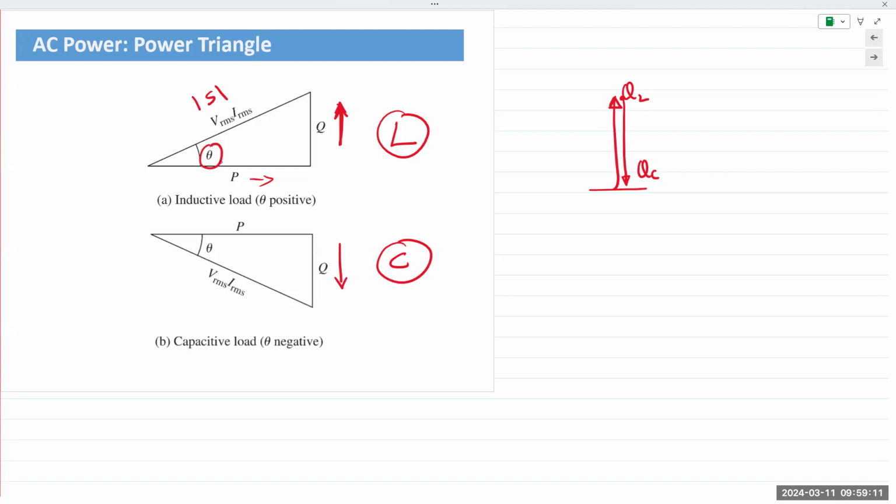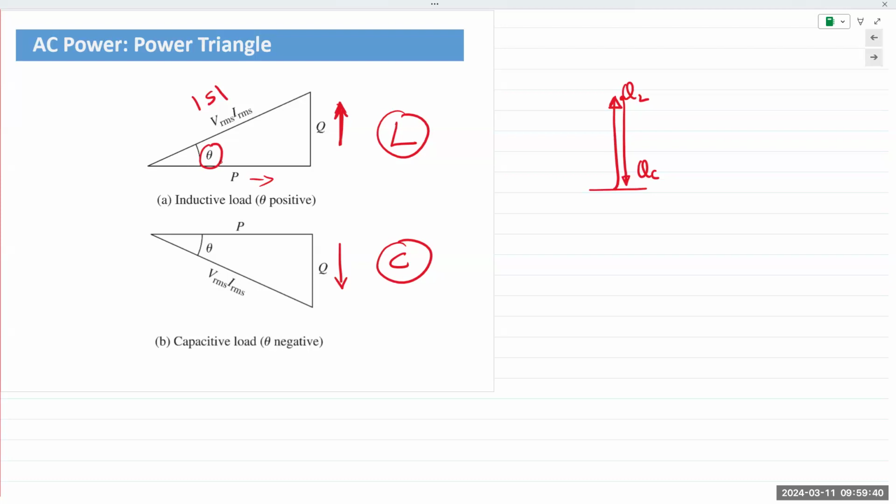Okay. QL required in real life is never going to be the same every single second. It varies, depending on the machine, depending on how many machines are running at the same time, depending on the loads, the requirements, the speed, the usage. The reactive power required by an industrial customer is never the same.